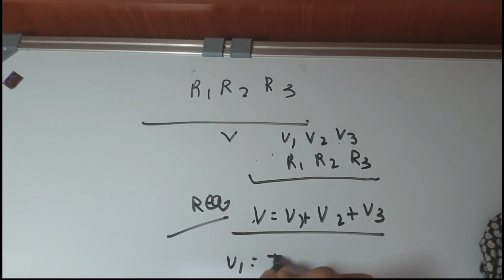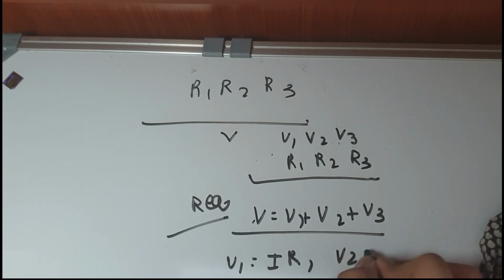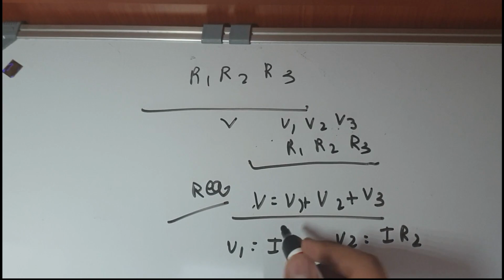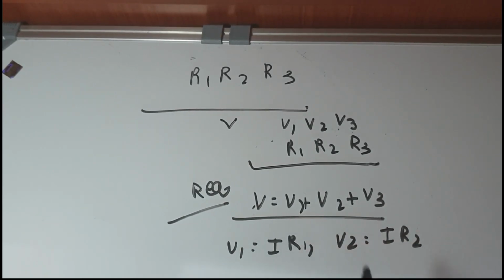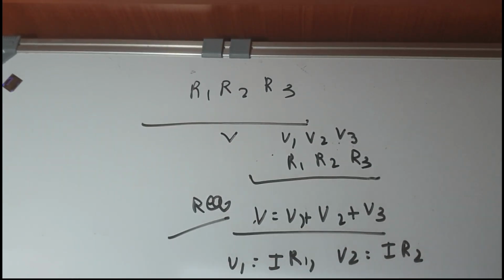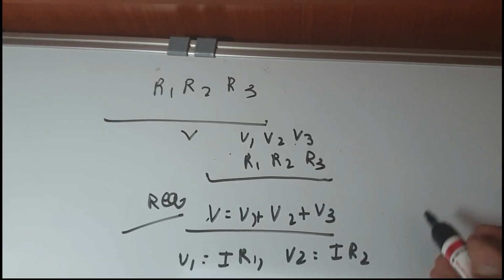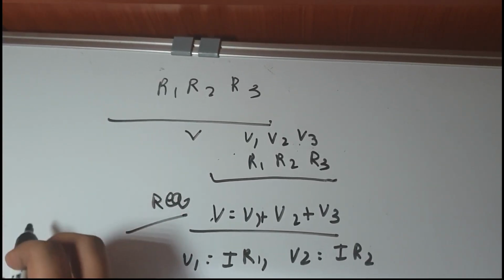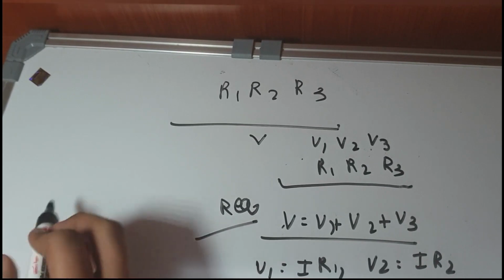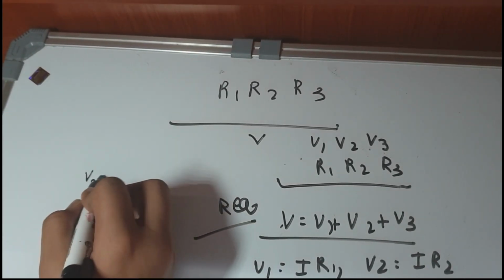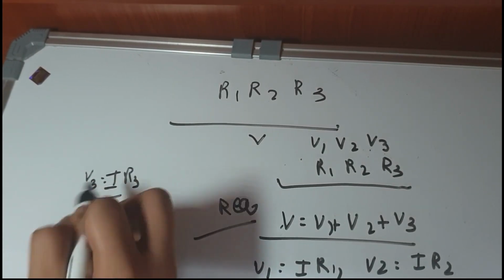Now using Ohm's law, V1 is equal to I into R1, V2 is equal to I into R2, and for V3 it will be I into R3.